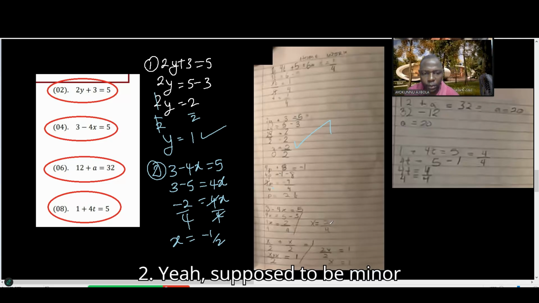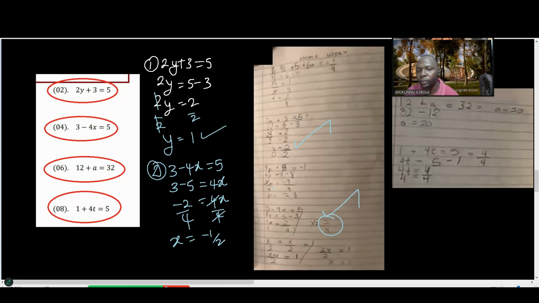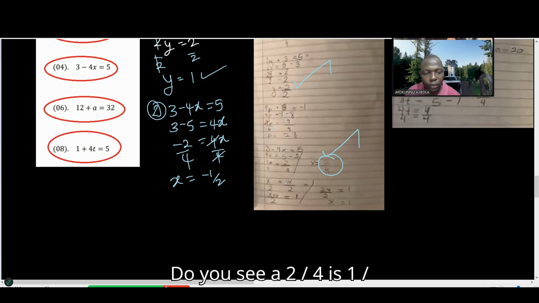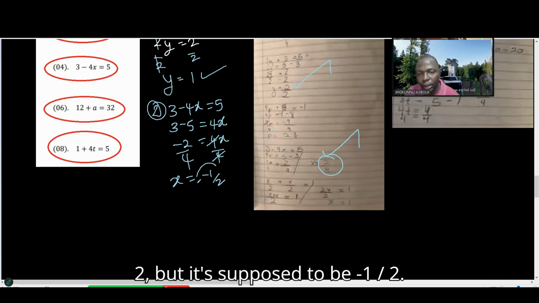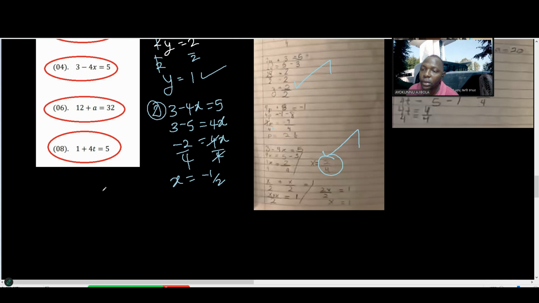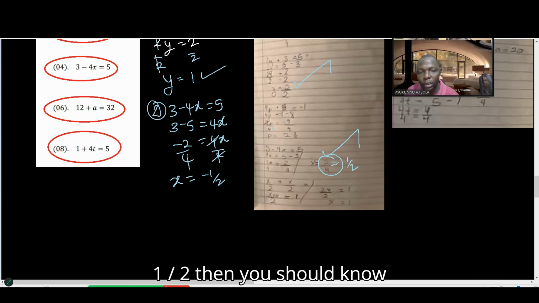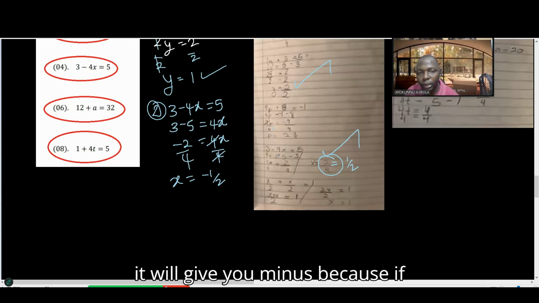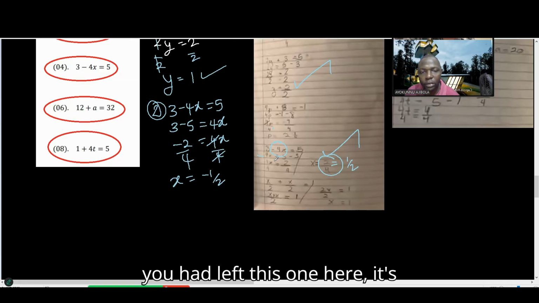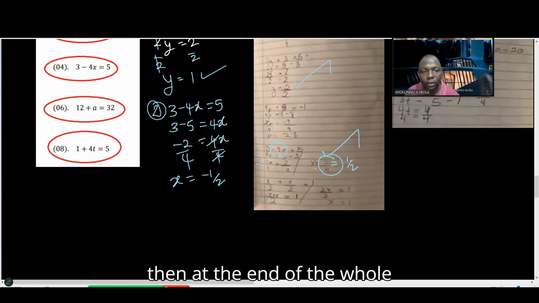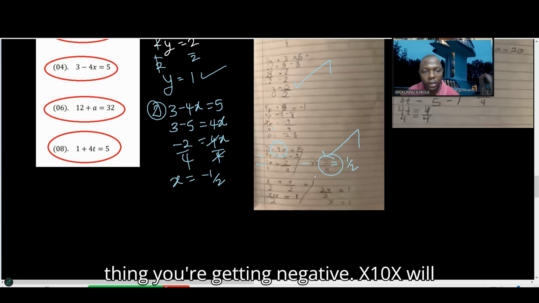It's supposed to be minus, so you get a mark. This 2 over 4 is 1 over 2, but it's supposed to be minus 1 over 2. So next time you simplify it to 1 over 2, you should know it will give you minus. Because if you had left this one here, it's negative, then you get positive here, then at the end of the whole thing you are getting negative x. Then x will be negative half.